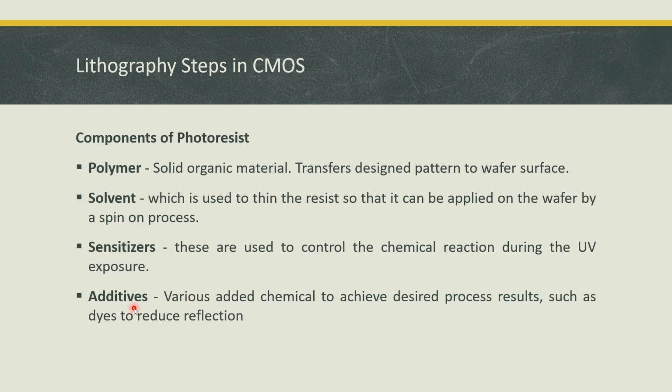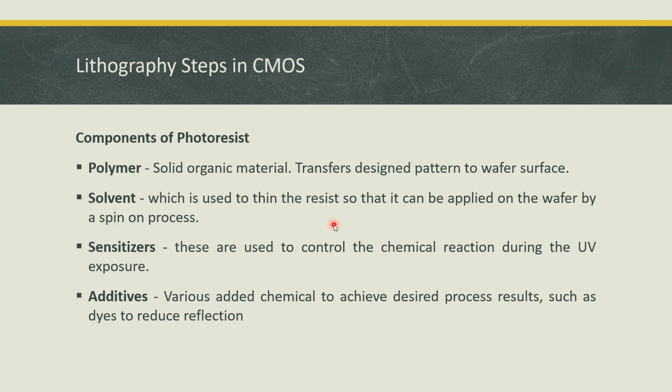Apart from that, there are certain components of the photoresist. The first one is the polymer, which is a solid organic material. It transfers design patterns to the wafer surface. The second is the solvent, which is used to thin the resist so that it can be applied on the wafer by a spin-on process.